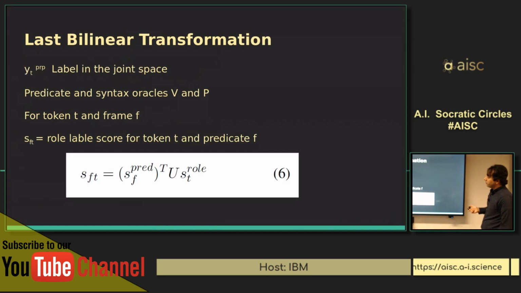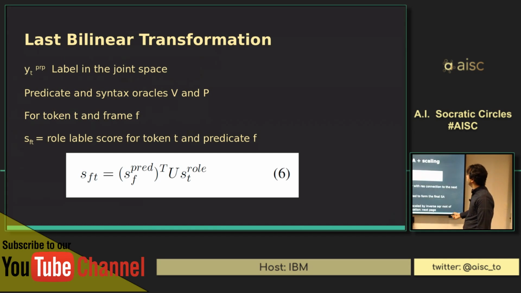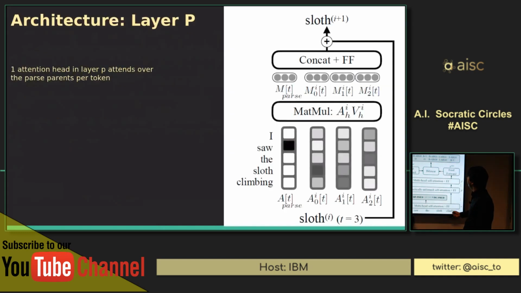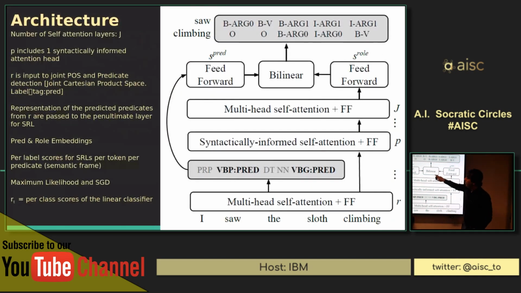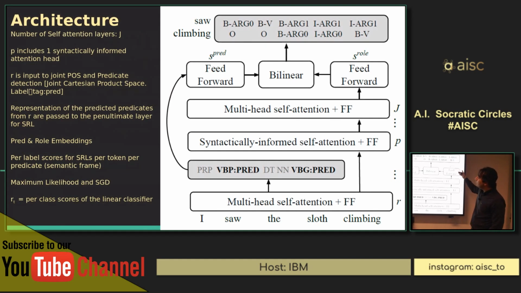All right. So the last bilinear transformation, I think this is the last equation. Basically, if you remember in our architecture, we're here right now, in the bilinear side of the penultimate layer, where you have two feed-forwards of S predicate and S role, and you get your representations out of those feed-forward layers, per each one. Now you want to see how they merge.